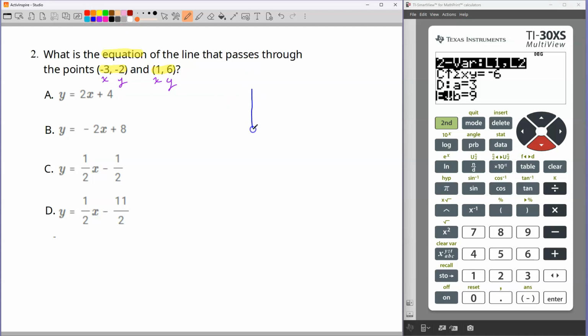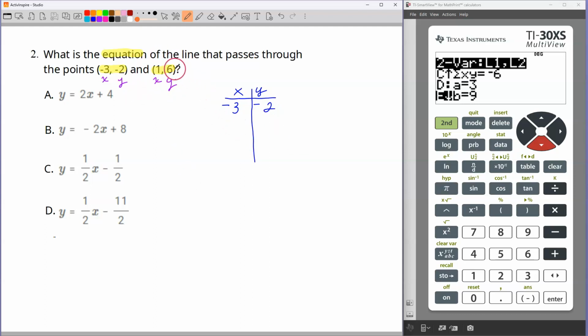So we're going to make a table. Now, this is actually easier because they give us 2 points. If you were to do this on paper, it'd be more difficult than the previous problem. This one will be easier, but very similar. So the first point is -3, -2. So I put that over here, -3, -2. I don't need to generate another point because they didn't give me the slope here.